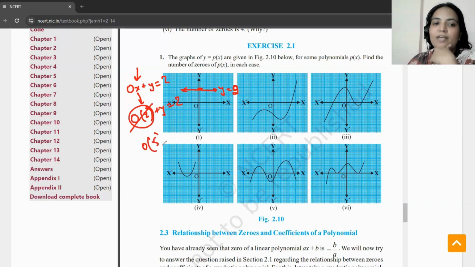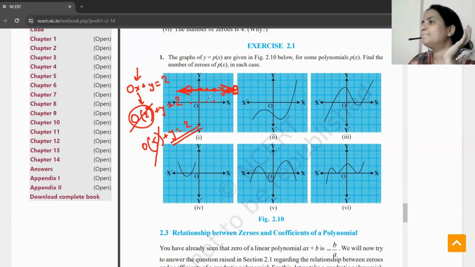Whatever value of x you are putting, every time y is 2. So at x equals 1, y is 2; at x equals 2, y is 2; at x equals 0, y is 2; at x equals -1, y is 2. That is why you are getting this equation.